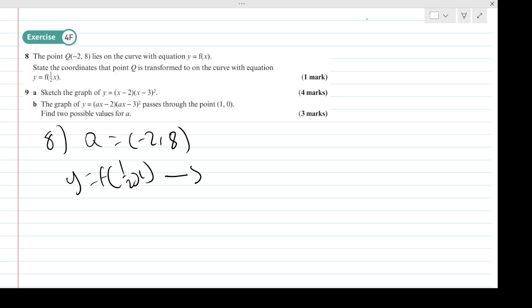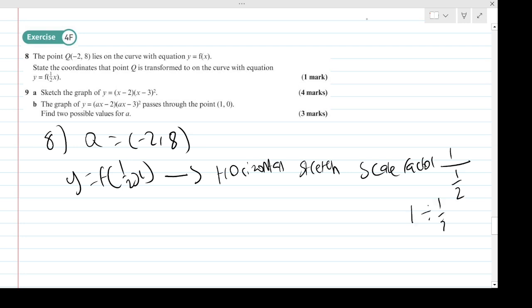So you would expect to times by a half, but instead we call it a horizontal stretch by scale factor, well, instead of timesing by a half, you divide by a half. A half is 1 over 2. But if you compute 1 divided by a half, you keep 1, then change the sign to a times, and flip the fraction to 2. Well, it becomes 2, okay? So if you divide by a half, that's the same as times by 2, okay? So that's what we got then.